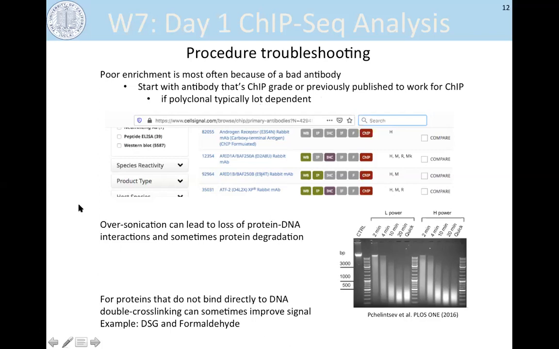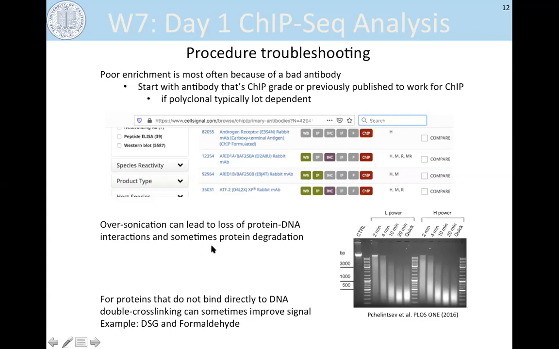Another issue that could lead to loss of signal is oversonication. Oversonication can lead to loss of protein-DNA interactions. This can be due to just the physical force of the sonication breaking apart those interactions.